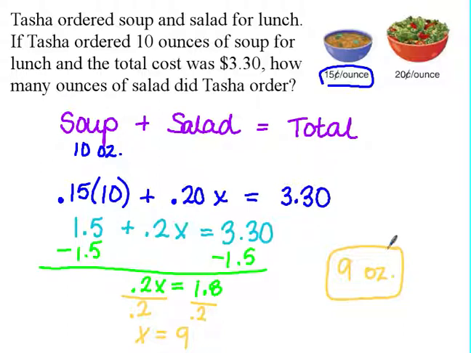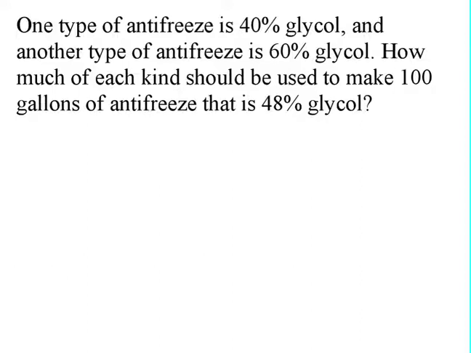So that's one type of mixture problem you're going to have. Okay? There are other types of mixture problems, and that's what we're going to look at now. Okay? This says one type of antifreeze is 40% glycol, and another type of antifreeze is 60% glycol. How much of each kind should be used to make 100 gallons of antifreeze that is 48% glycol? So we have 2 amounts, and we're going to mix them together to get the third amount.